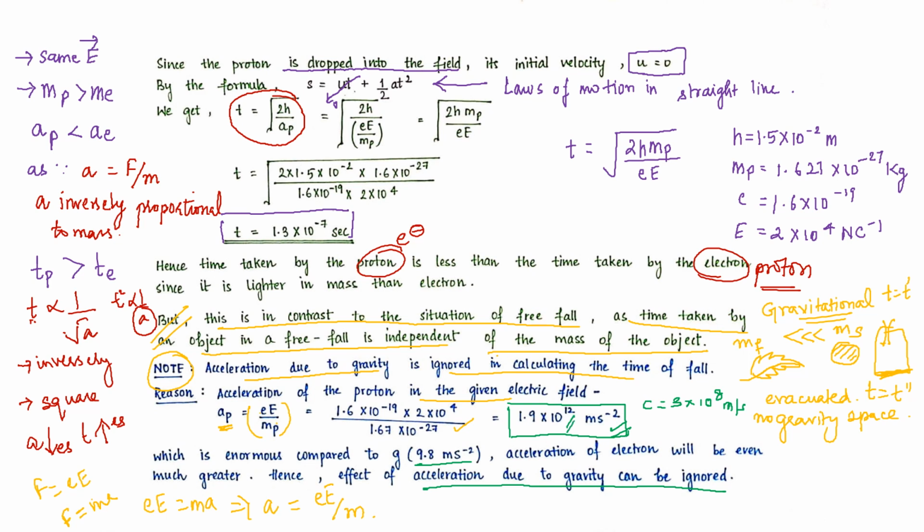So this is more than the speed of light, and this is a very countable number. We can count this number. Okay, so this is countable, but this is really tough to be counted. Such a huge number it is. So comparing these two things, we get to know the acceleration of proton in this system itself is so high that if we add or subtract g from it, there will be negligible changes.